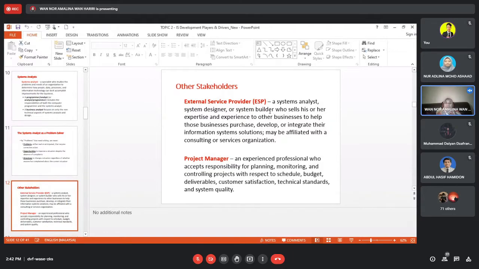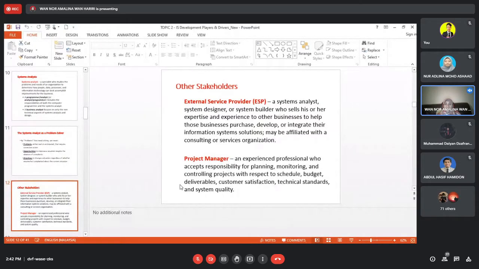In short, we call them consultants, because they sell expertise and experience to help other businesses. They advise other businesses on solving the problems that the organization might be facing.